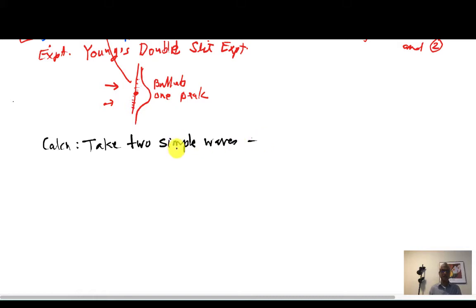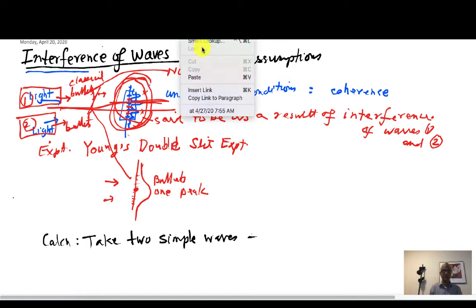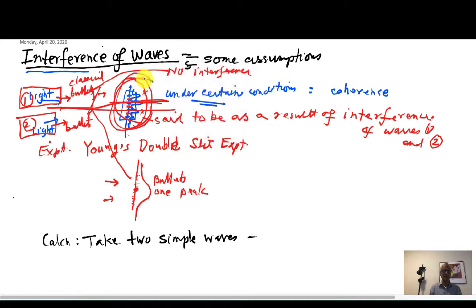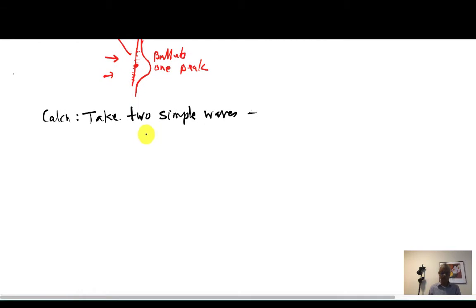So this will be a theoretical thing showing that this is possible. If I take a wave over here and a wave over here, can I see the pattern emerge mathematically? All right, so we need to set some things up to do it.